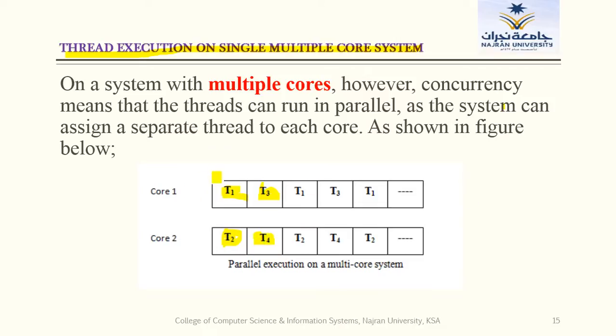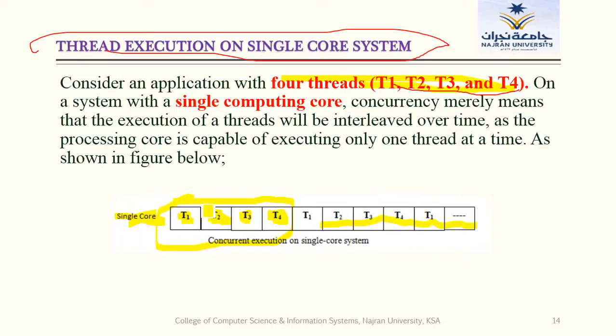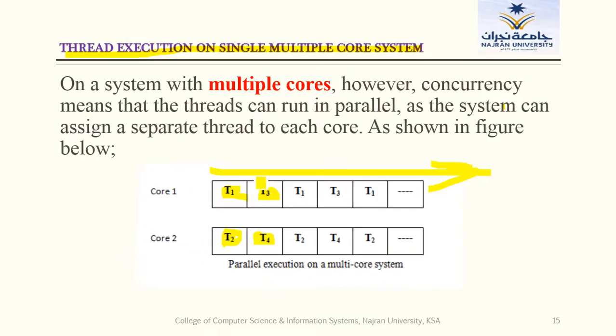If you see this, in terms of time, we have less time. In less time we finish more work. But in a single core system, we have taken more time to execute these 4 threads. In a multiple core system, we have given the threads to all the processors.